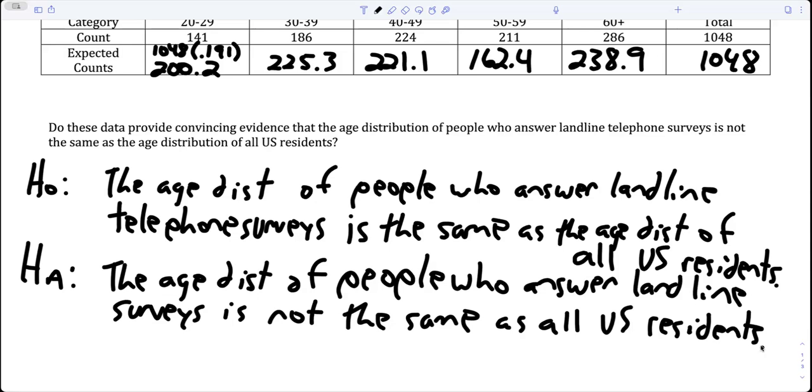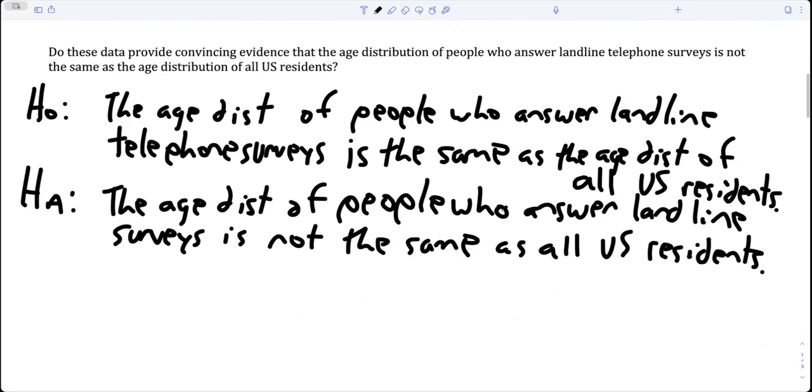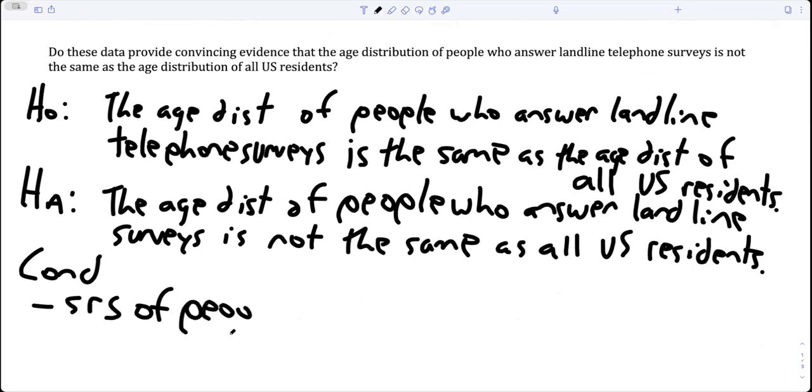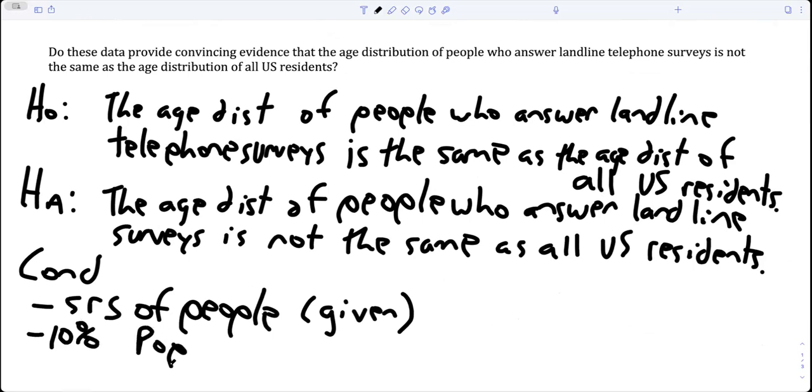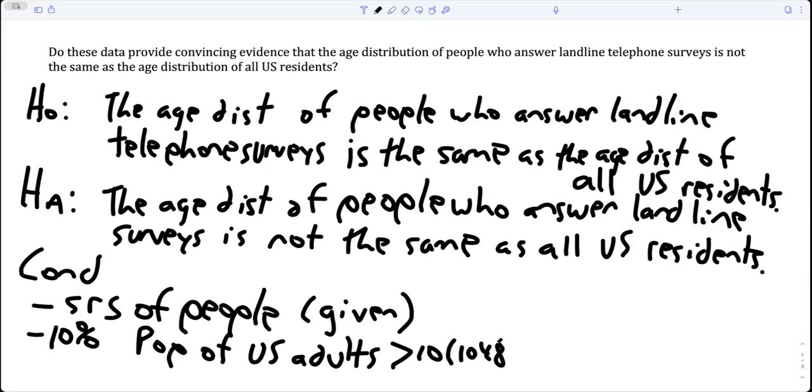All right, so my conditions. We've got SRS of people, and that is given. We've got the 10% rule, so the population of US adults must be greater than 10 times 1048, and that is true.